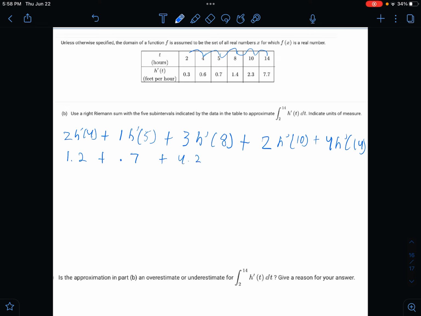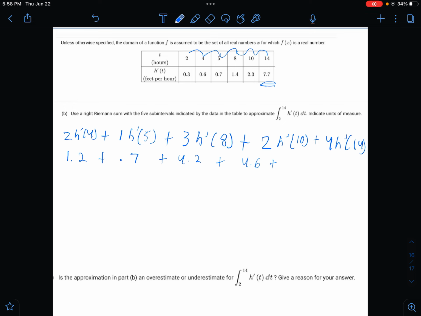Right, so we got that. Now we add 2 times h prime of 10. So that's 2 times 2.3, which is plus 4.6. Now finally, what is 4 times h prime of 14? Looking at the table, h prime of 14 is 7.7.